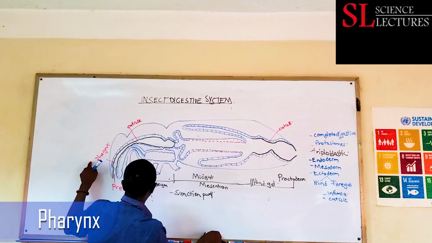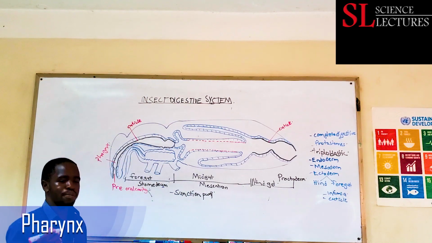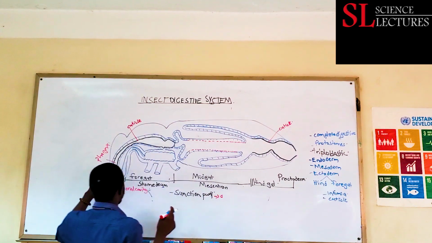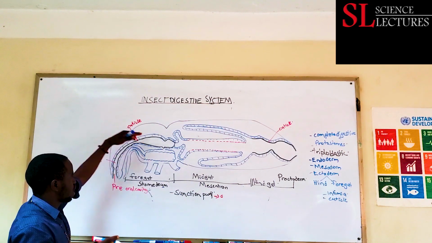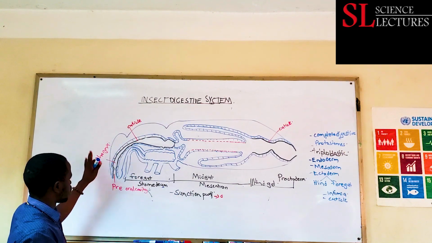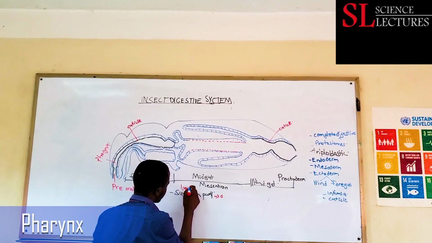The role of this suction pump is to propel liquids from the preoral cavity to the next part, which we are going to see. So the pharynx in liquid feeders forms the suction pump.